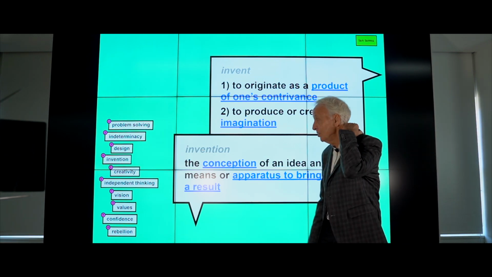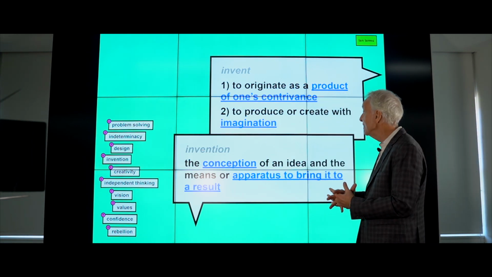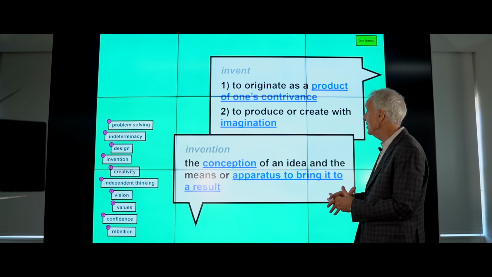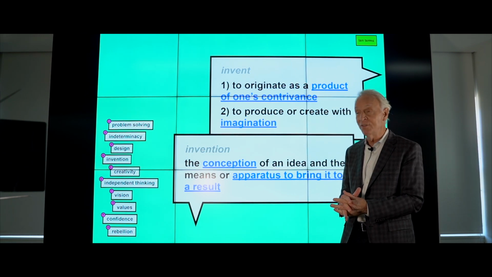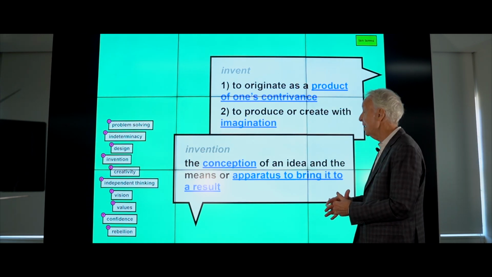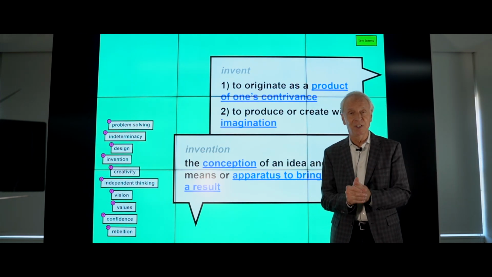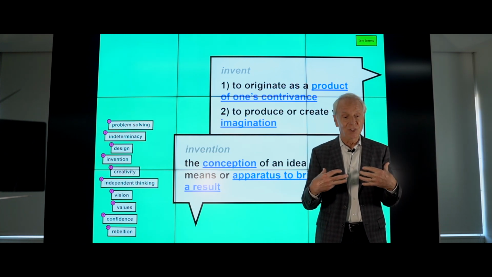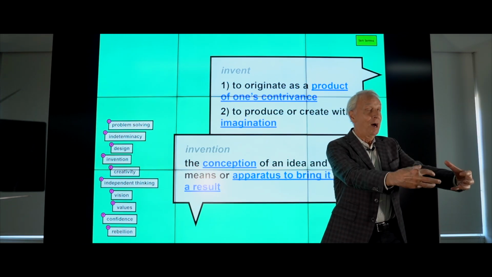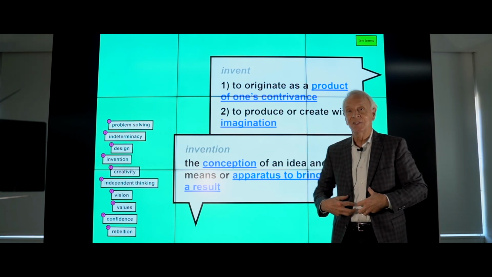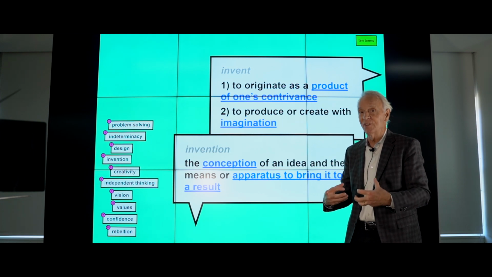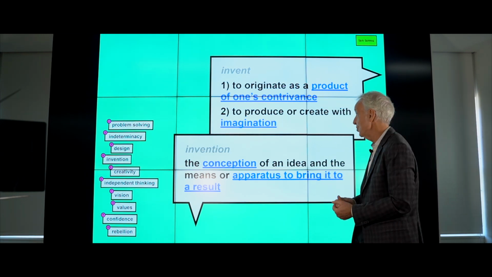And invention, if we go back to the root word invent, is to originate as the product of one's contrivance, or to produce or create with imagination. So this isn't like the problem is telling you this. This is coming from your own contrivance. It's something you're bringing to the problem.